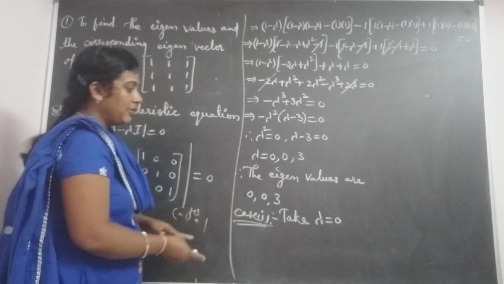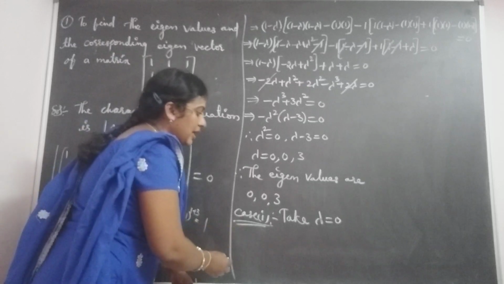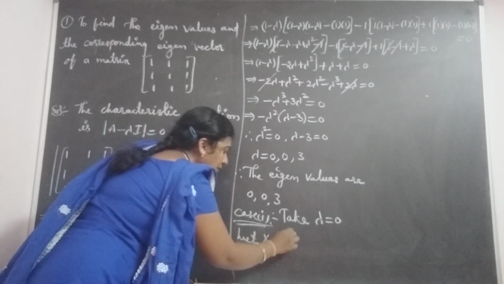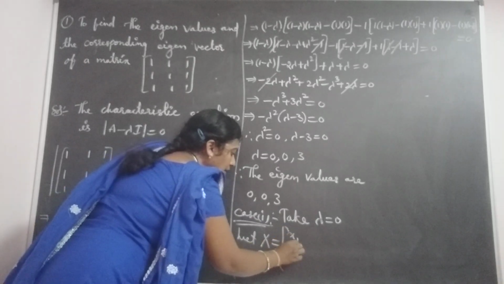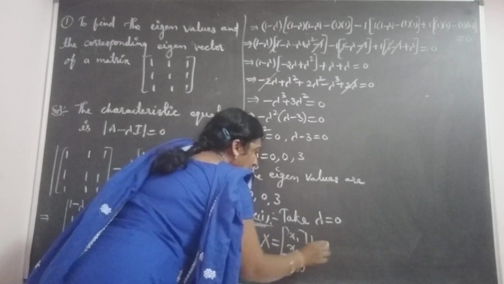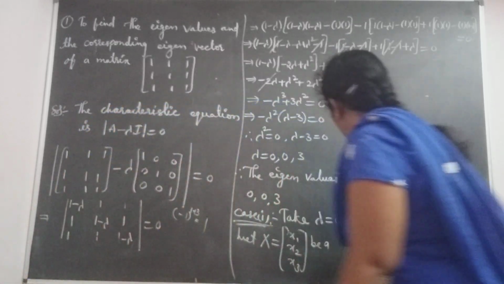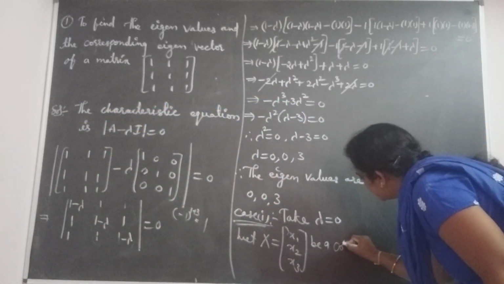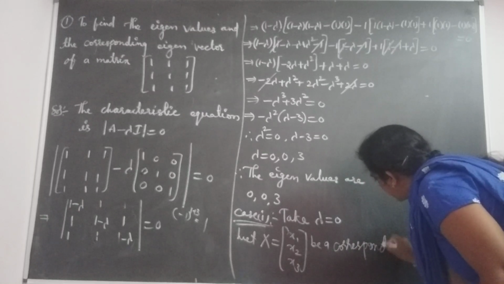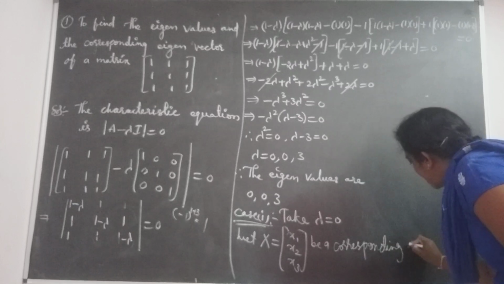Take lambda equal to 0 as the eigenvalue. Let X equal to x1, x2, x3 be the corresponding eigenvector.